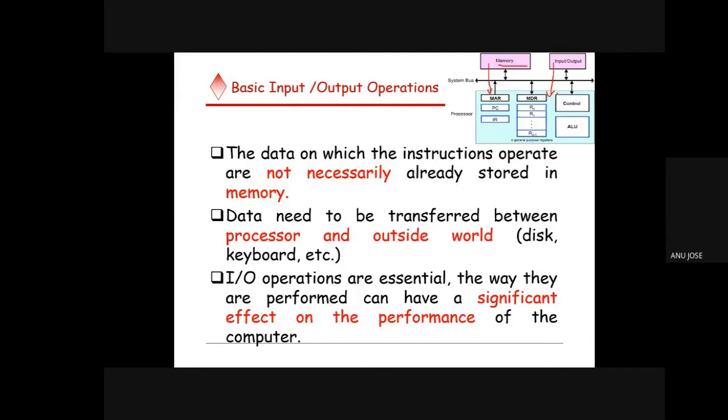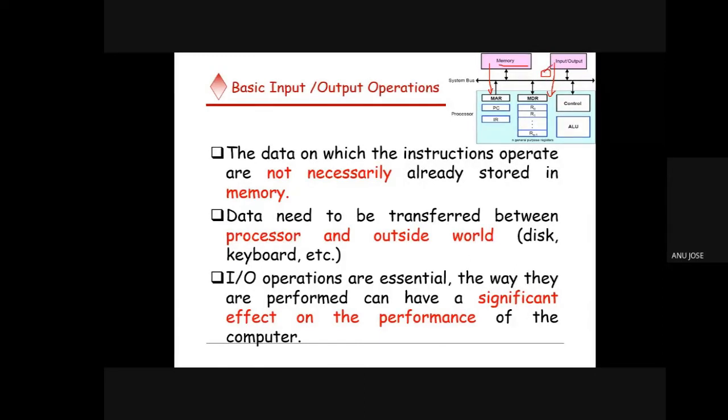When I was explaining this in the first module itself, I told that they will keep a buffer, a small storage area, between the input device and the processor. The input device will keep the data in the buffer, and from that storage area, when it is full, the processor will take the data directly.